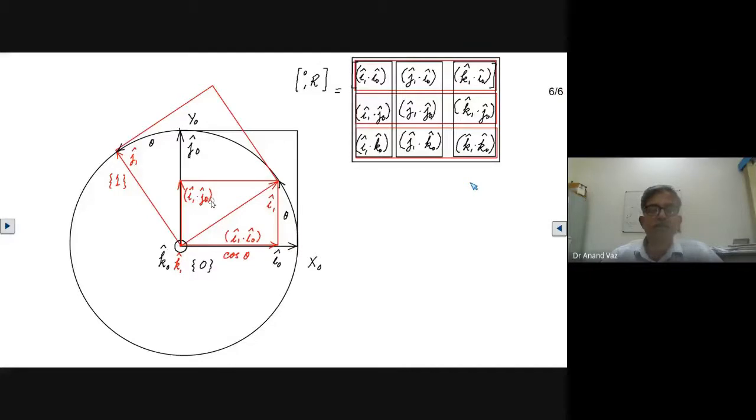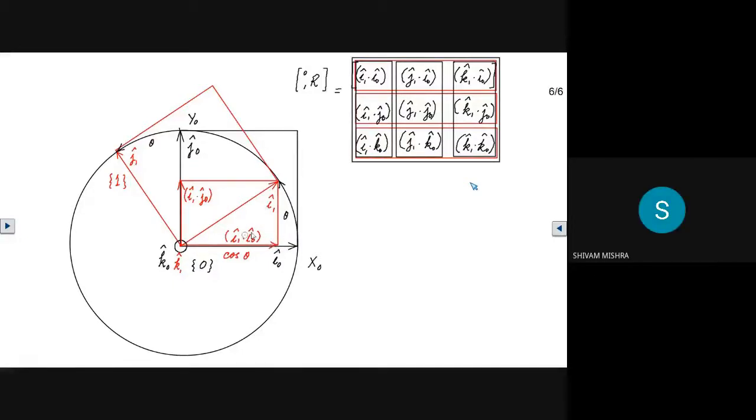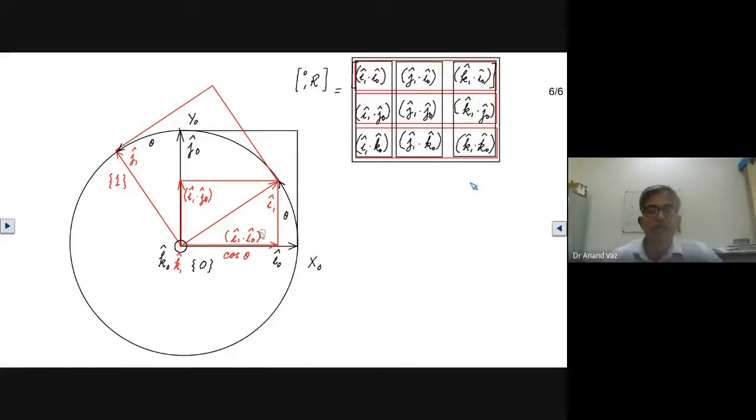I1 dot J naught, what is this? It is the opposite side of this right angle triangle, so this corresponds to sine of theta.